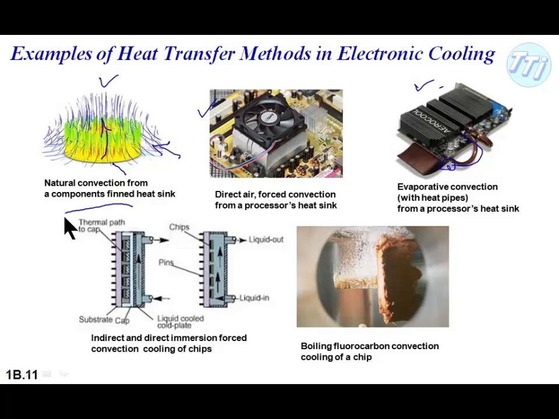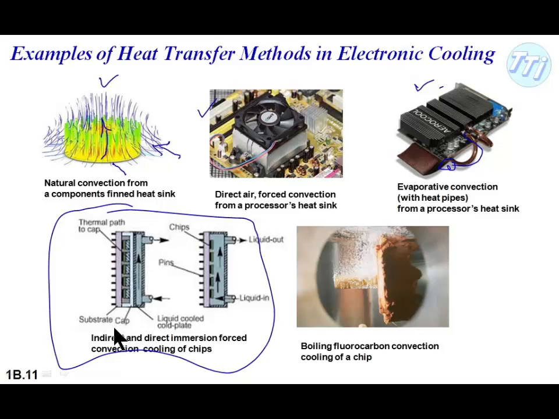Here down below, this is what's called an indirect and a direct immersion, where simulated computer chips are either separated from the cooling medium indirectly. There's some barrier, but they're moving their heat by conduction and then convection into the cooling medium. Or there are these dielectric liquids, and we'll talk about those in more detail in the advanced cooling applications chapter, where the chips can actually be immersed in this fluid. It doesn't conduct electricity, and the liquid will not disrupt the electrical circuit, but it puts the dielectric liquid right in contact with the components and carries the heat away.